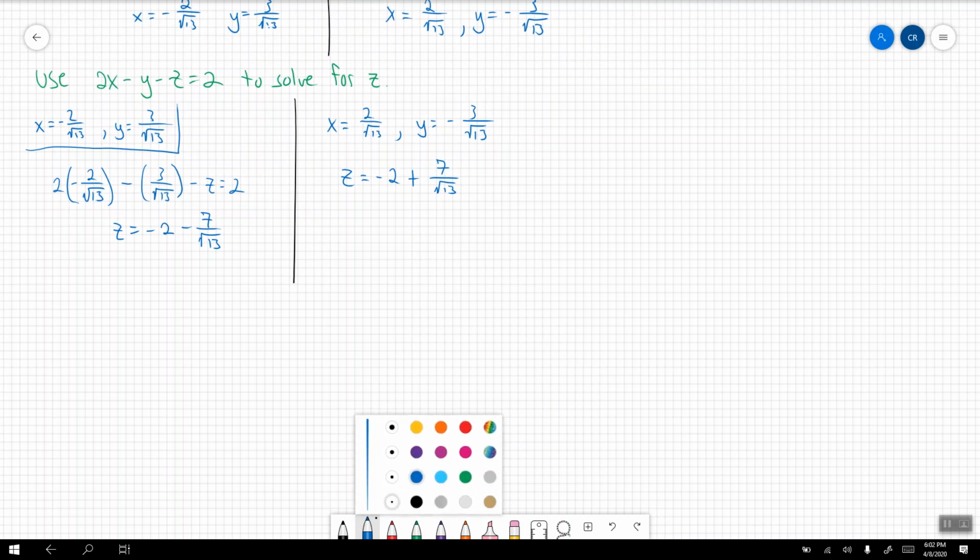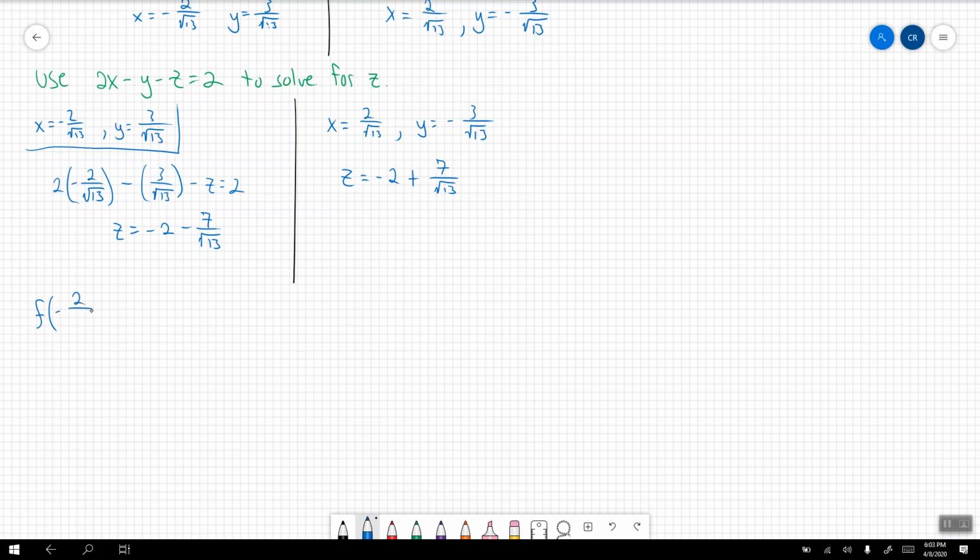So here we go. All right. So we want to evaluate the function when x is negative 2 over root 13, y is 3 over root 13, and z was this value of negative 2 minus 7 over root 13. All right. Well, your function was 4 times y minus 2 times z, just like this.